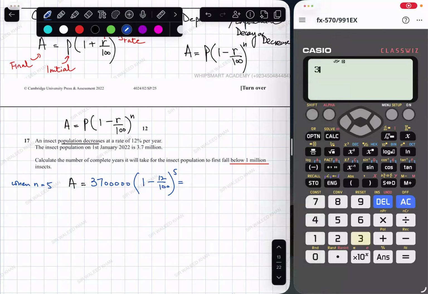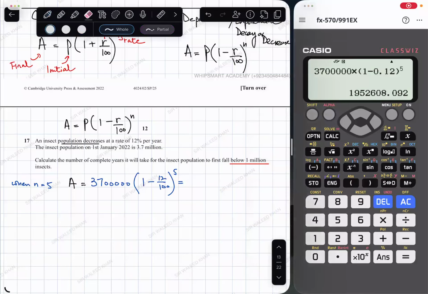So this will be 3.7 million times (1 minus 0.12) whole power 5. So we have 1.9. It's way beyond 1 million.